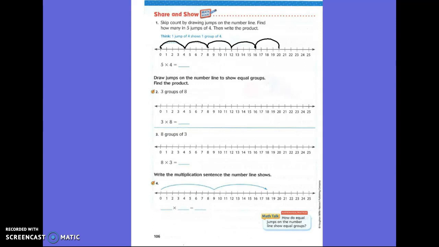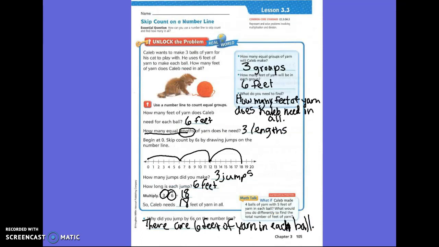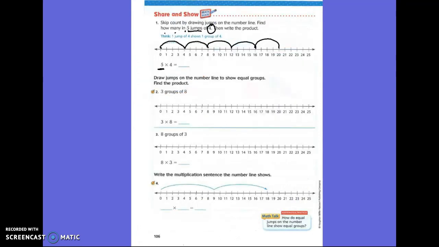Oh, it says how many in 5 jumps of 4? You're not on the right page. Do you see how the first number is 5? Because that's how many jumps you made. Your first number has to be the jumps in your multiplication sentence.